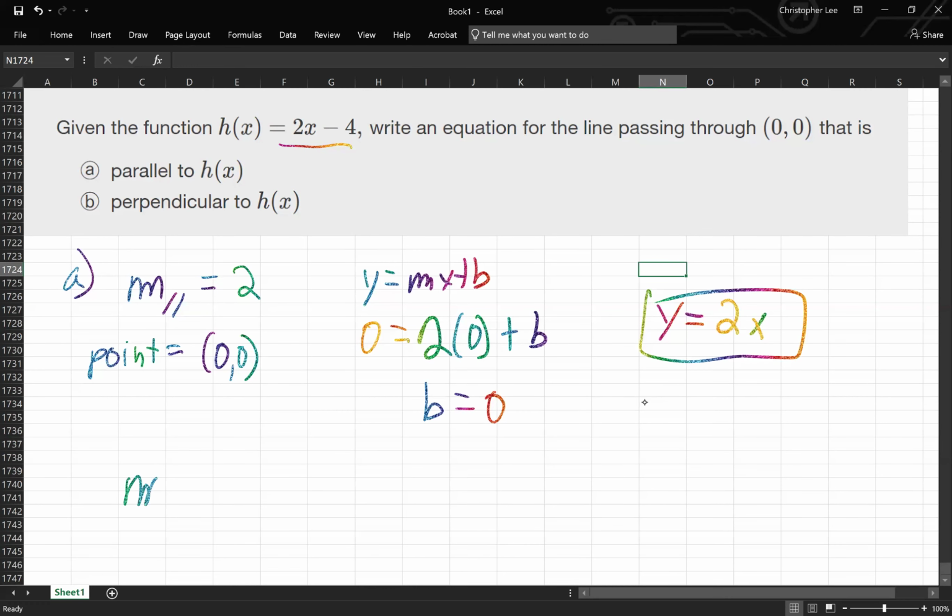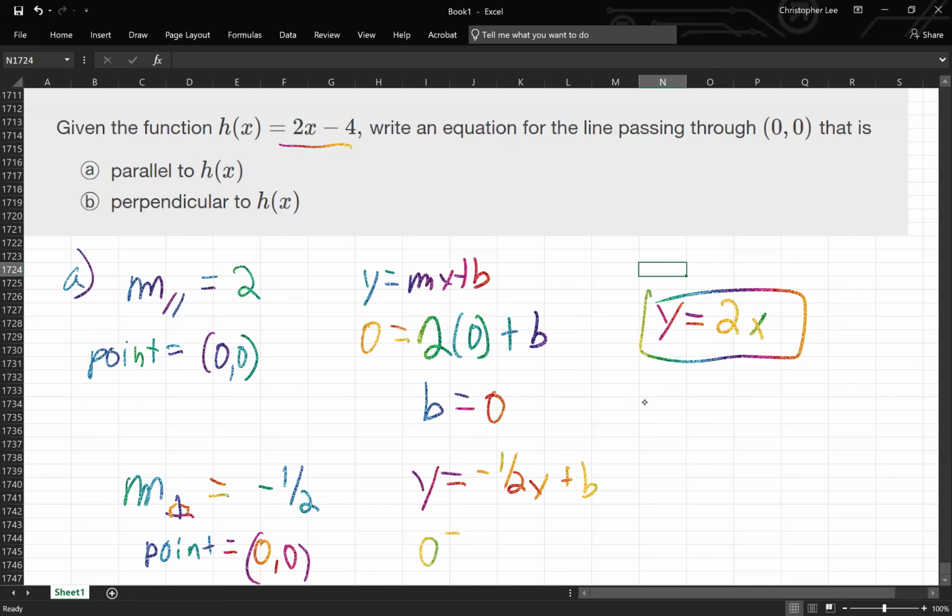Now, I want the perpendicular one. What's my slope for the perpendicular line? Perfect, negative 1/2. And then my point is the same point, 0, 0. Right? Now I'm going to plug it in. So I have y is equal to negative 1/2 x plus b.